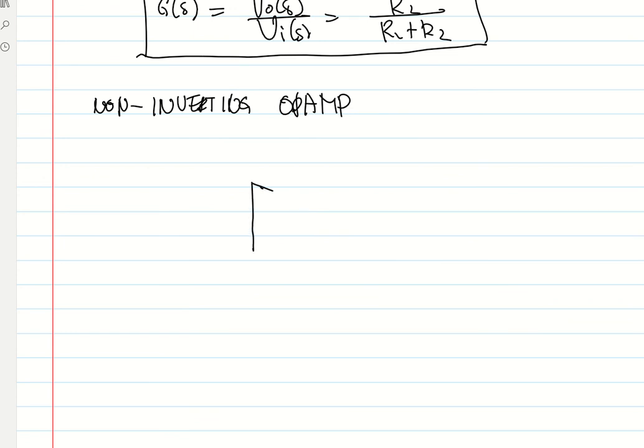So if this is the op-amp, and this is negative, positive, then we have an output here. Then we have an input that is connected to the positive terminal of the op-amp. So let's call this one VI in T domain.